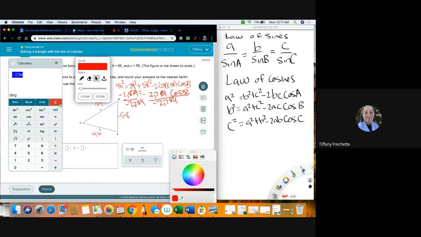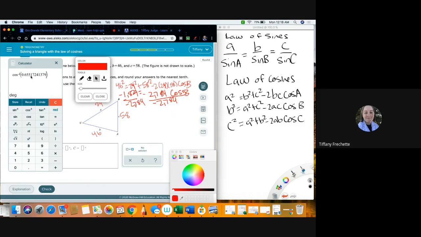So let's go over here. I have to clear this out and retype it in: negative 1,824 divided by negative 2,784. All right, so now we have a positive, and now I'm going to take our arc cosine.